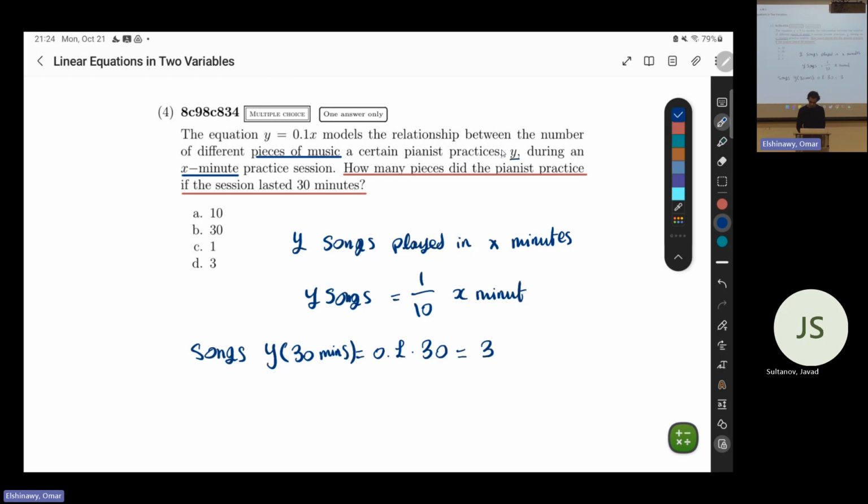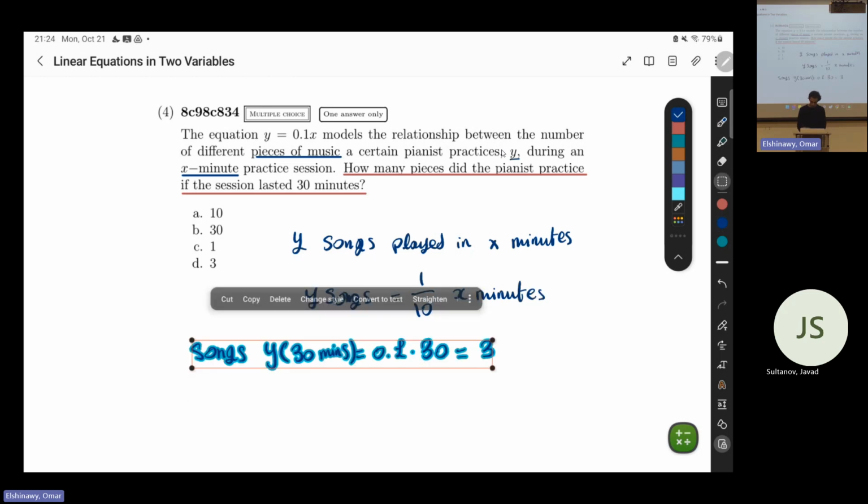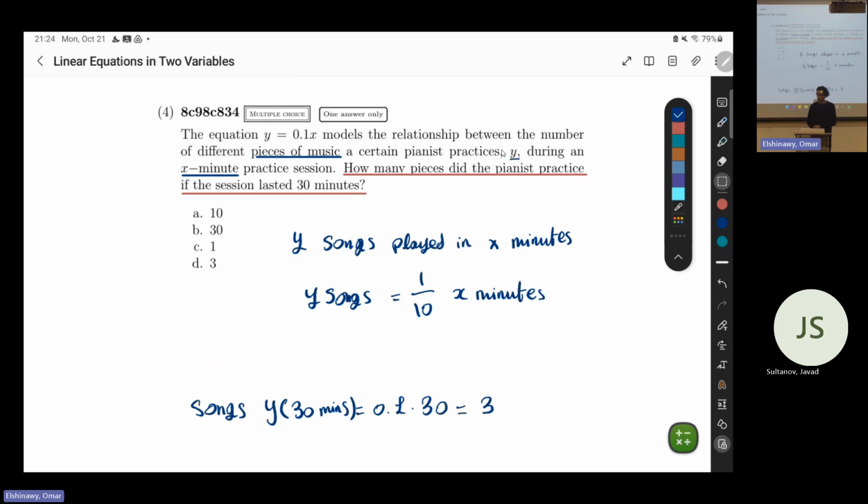For each time range given, we always play 10 songs. So y is the number of pieces of music, which for short we call a song.